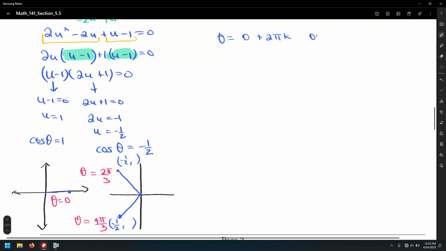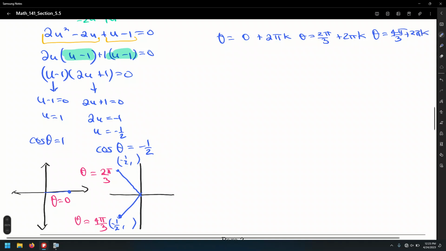On the other hand, theta equals 2 pi over 3 plus 2 pi k. And lastly, theta equals 4 pi over 3 plus 2 pi k.